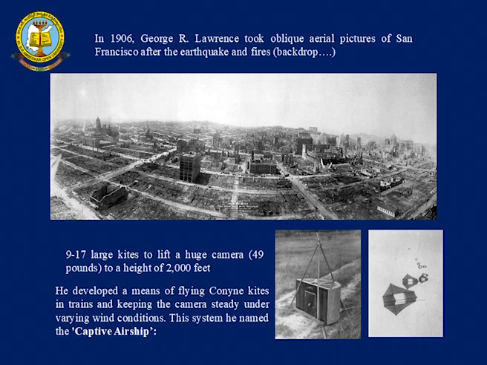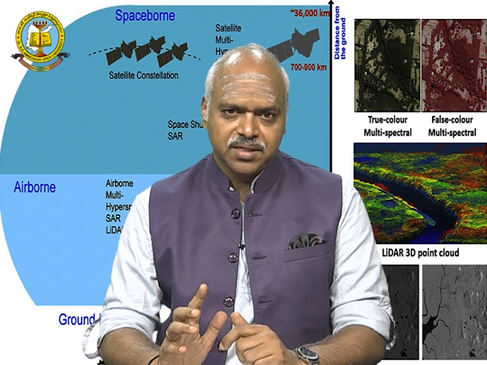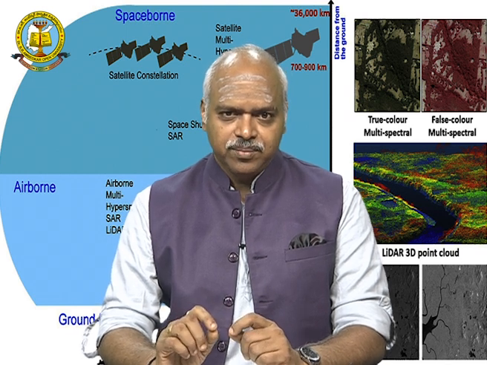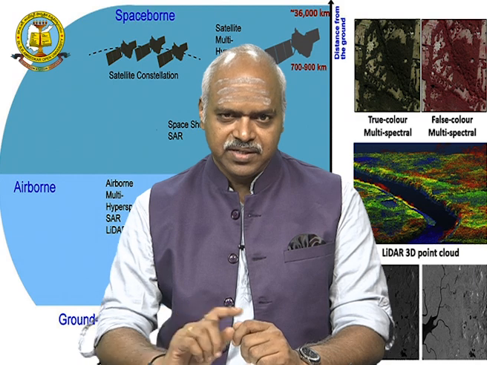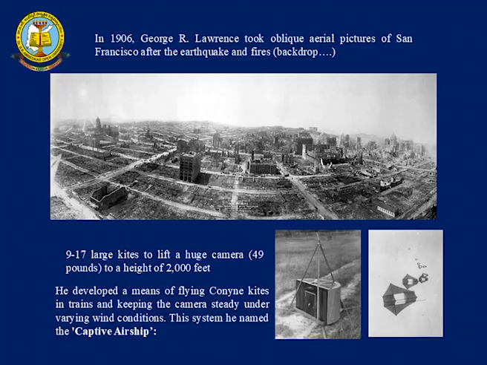Instead of a single kite, he used a series of 9 to 17 large kites, which could hold a camera of around 49 pounds, and they ascended the kites to a height of 2000 feet. When the kites ascended, there was a piano wire from the bottom connected to the camera, and the camera was supported with a tripod, a bamboo-like structure that stabilized the camera.